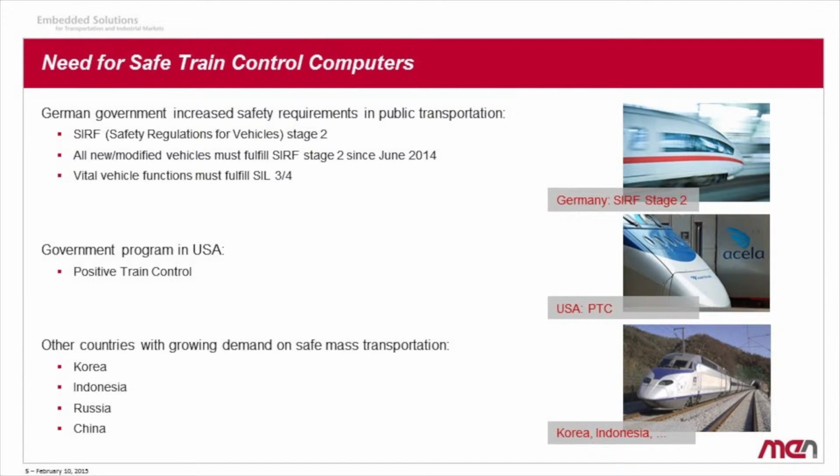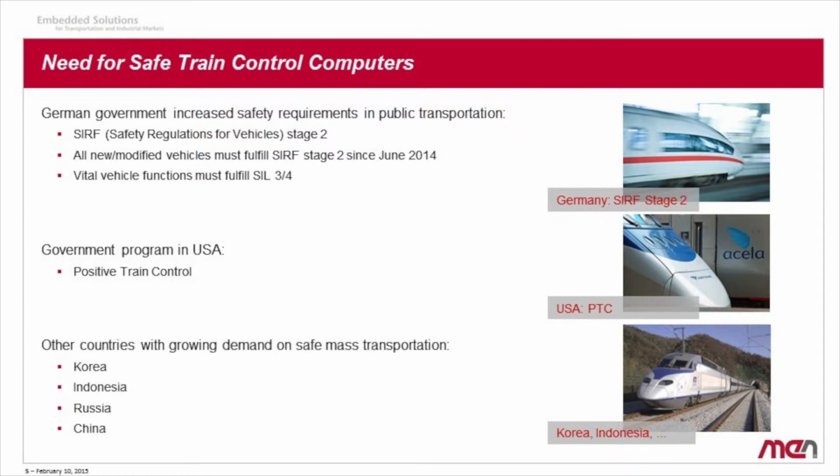So why do we need better, safe computers on the train? Governments are driving for much more safety inside the train. The German government is also driving that. They have a so-called SURF program. Here they require the highest safety level for each refurbishment of a train. But nowadays, no train is capable of doing that.